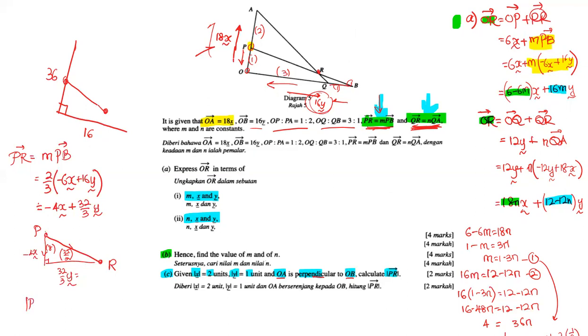The magnitude PR equals to square root of 8 square plus 32/3 square. Let's press calculator. 32/3, and then you square this, plus 64. You square root this. Yeah, the answer come out, 13.33 units.